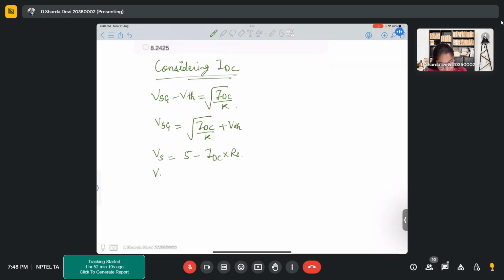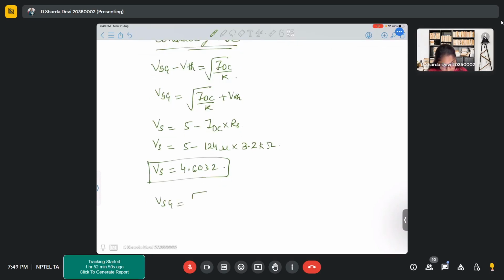So VS is equal to 5 minus 124 micro into 3.2 kilo ohm. So VS is again 4.6032.